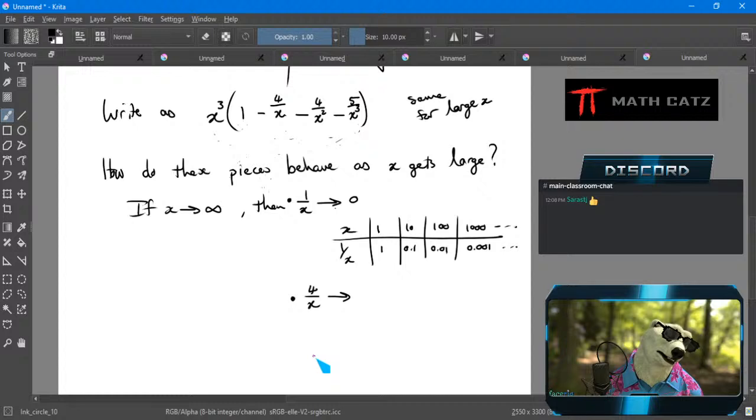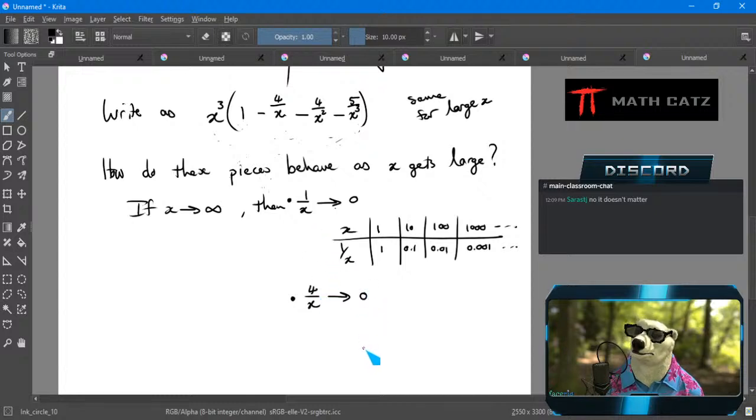Does it matter if I look at 4 over x instead of 1 over x in terms of how that fraction behaves? Is it going to steer it into a different direction? It might slow it down initially, but when x blows up, the denominator is so inconceivably large that 4 doesn't make any impact.